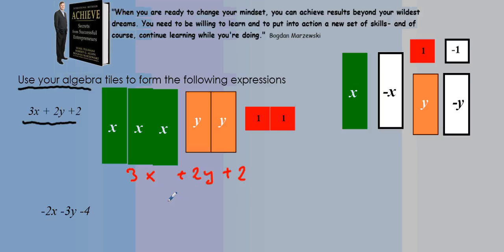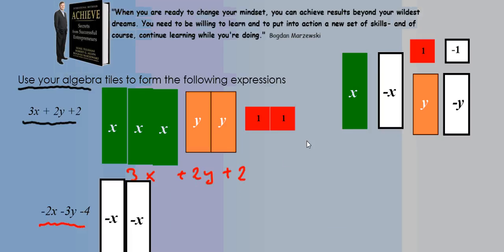The next question is right below. The expression shows negative 2x minus 3y and minus 4. So we have to bring opposite tiles this time. We have to bring negative x, and how many of those tiles do we need to show? We need to show 2. So this is why you have one negative x and another negative x.